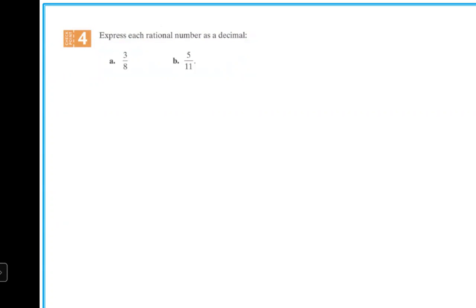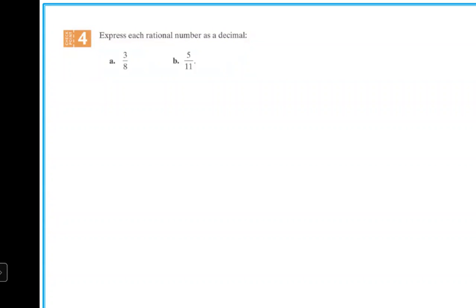0.375. Okay, 0.375. And listen, anytime the number on the top is smaller than the number at the bottom, your answer will always be 0 point something. Why? Anybody want to say why?